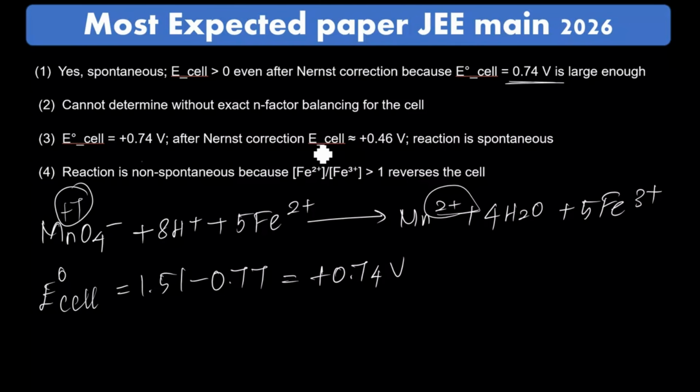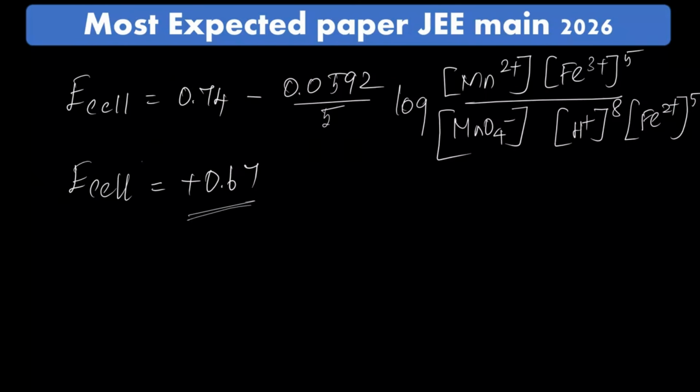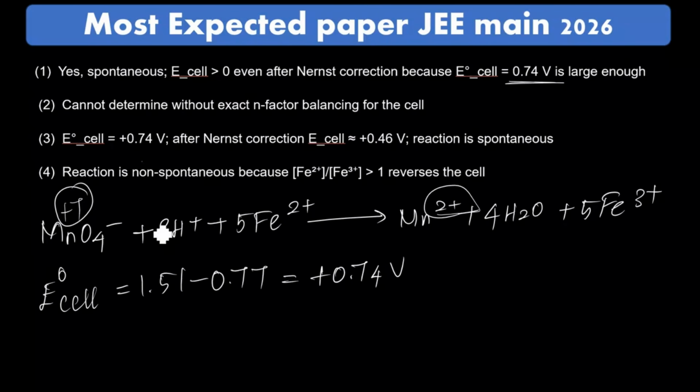After Nernst correction, E cell is equal to plus 0.46, and the reaction is non-spontaneous. After the Nernst equation, I am getting 0.67, and the reaction is non-spontaneous because this is more than the reverse of the cell. Okay, so the reaction is spontaneous and it's more than 0.